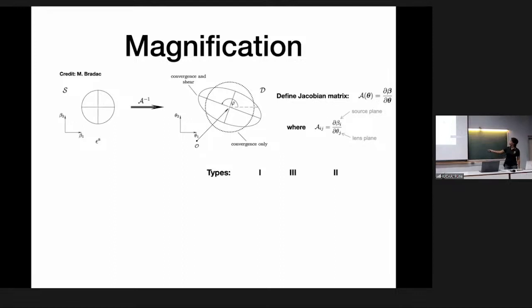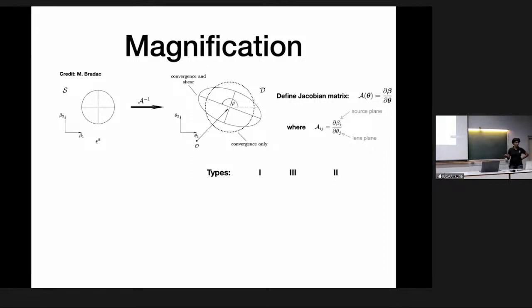Isotropic magnification would mean, imagine the source is a circle, then after lensing the size of the circle would increase, and that's coming from this convergence term. An anisotropic effect would come from both this convergence and shear term, which will cause squashing or stretching of the original source, which is shown to be circular in this case.